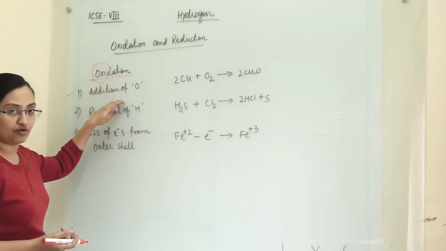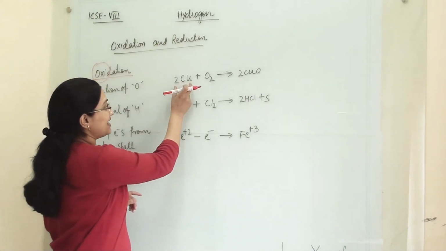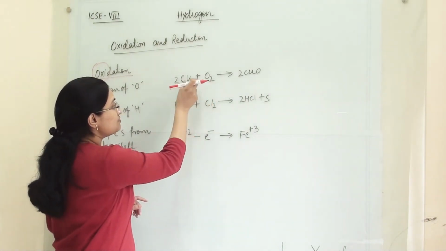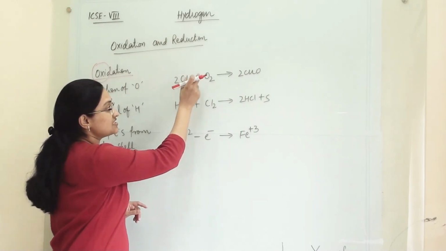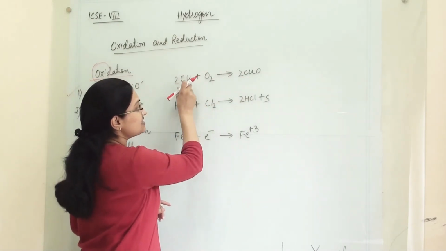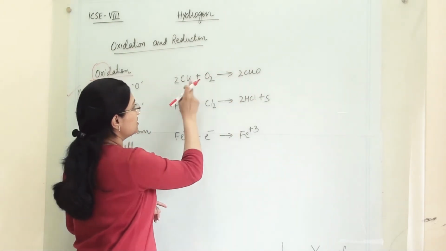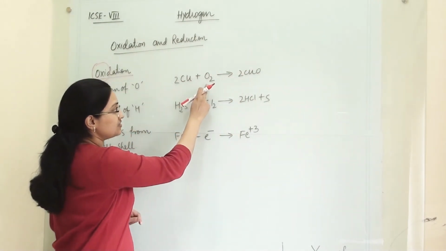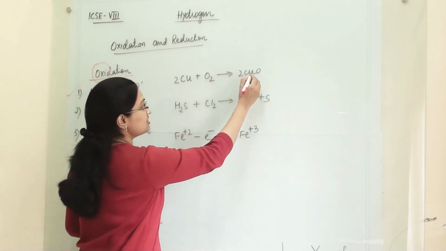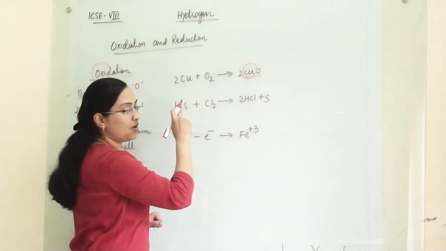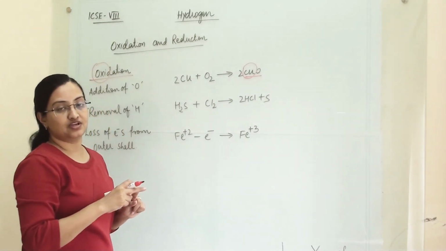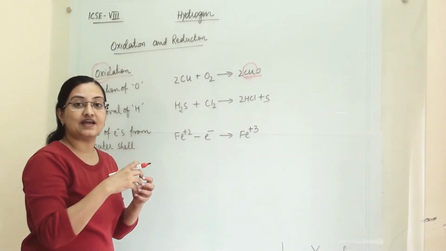First, addition of oxygen. When oxygen is added to any atom, then this atom is said to be getting oxidized. So when copper reacts with oxygen, the oxygen is attached to copper. So copper is being oxidized in this reaction because oxygen is attaching to copper.